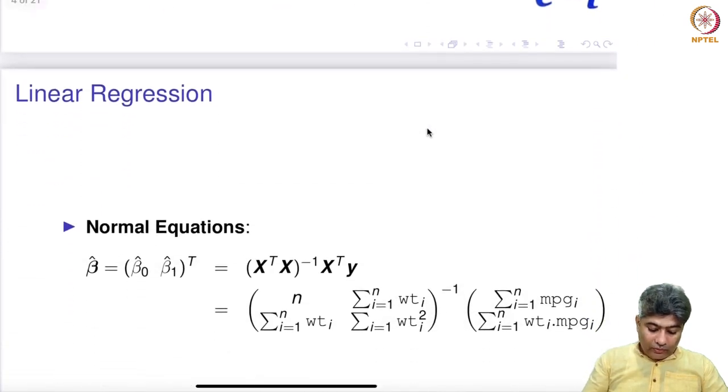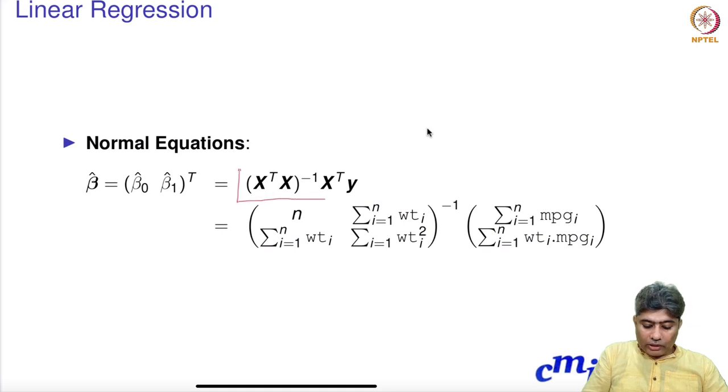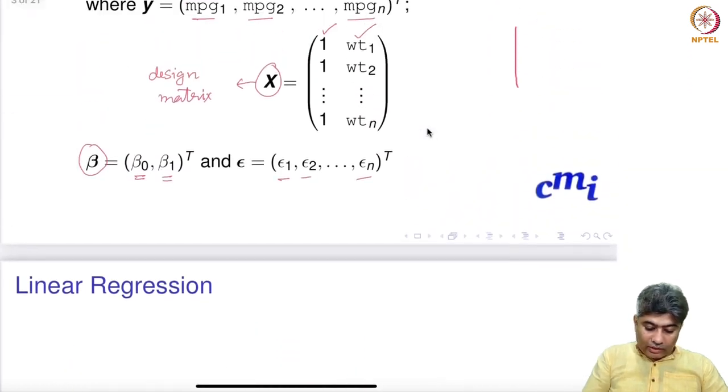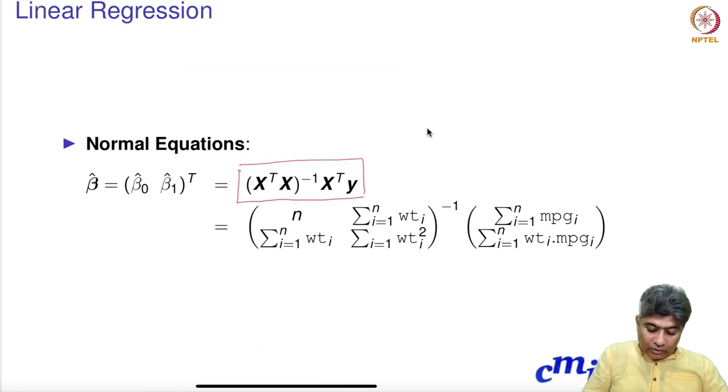Next, what we have seen in the normal equations gives you the analytical solution: X transpose X inverse times X transpose y. Now in the X we have defined, all you have to do is write X transpose X, and that gives you this matrix.